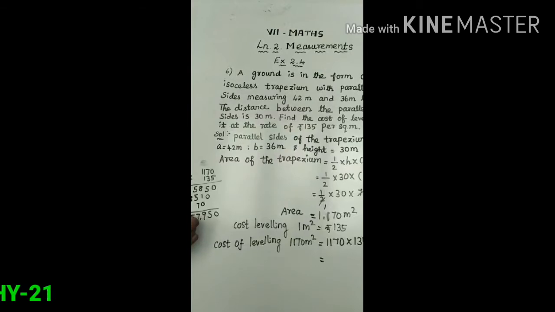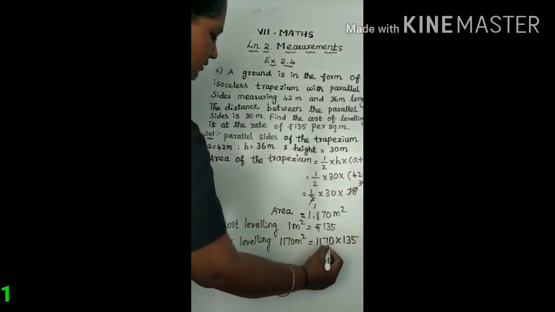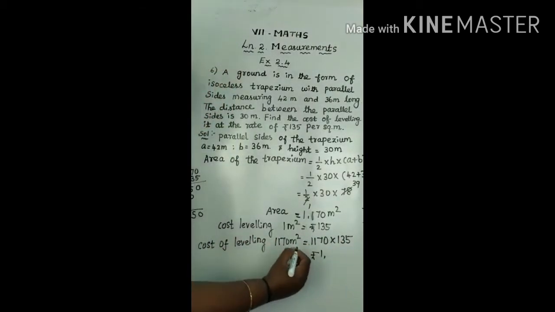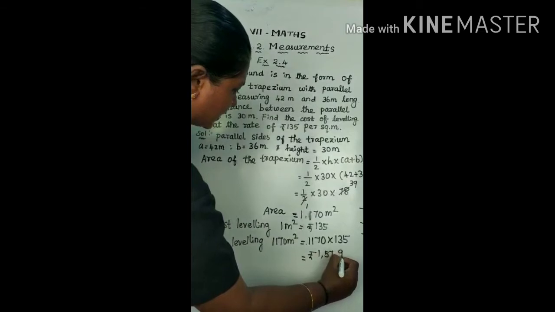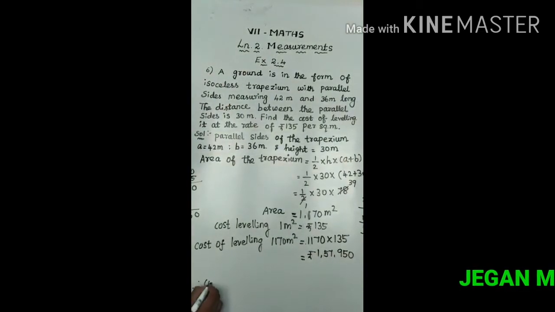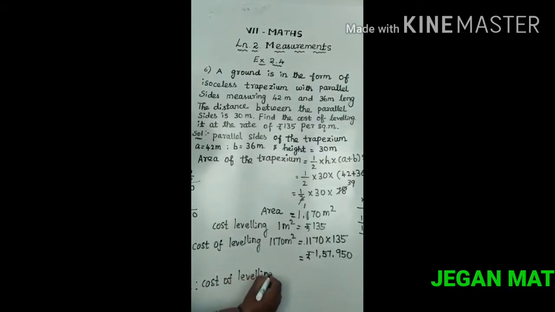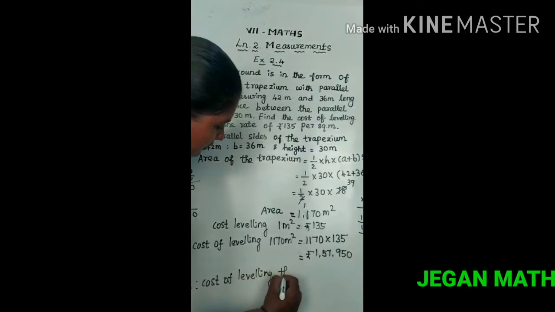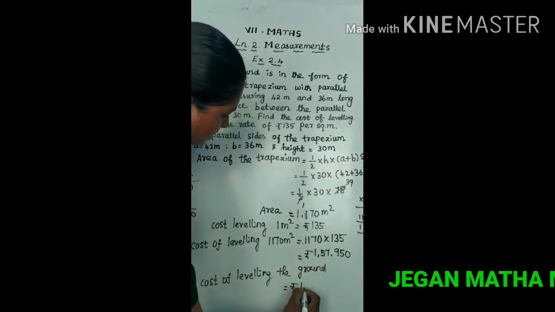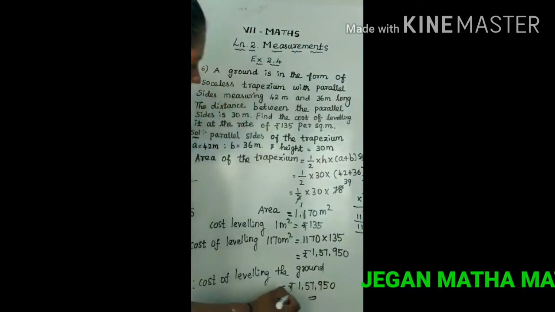So 1,57,950. So we multiplied 1170 with 135 and have 1,57,950. Therefore the cost of leveling the ground is equal to rupees 1,57,950.